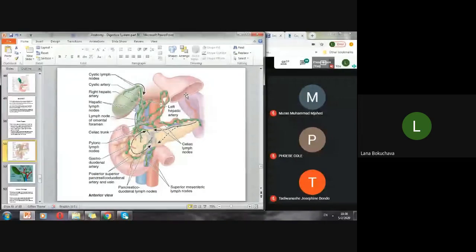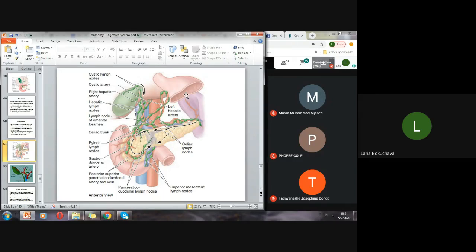So the hepatic proper, after that, simply subdivides into two portions, the left and the right hepatic arteries. Do you remember? And particularly the right hepatic artery is the one which gives rise to the small artery which we call the cystic artery.